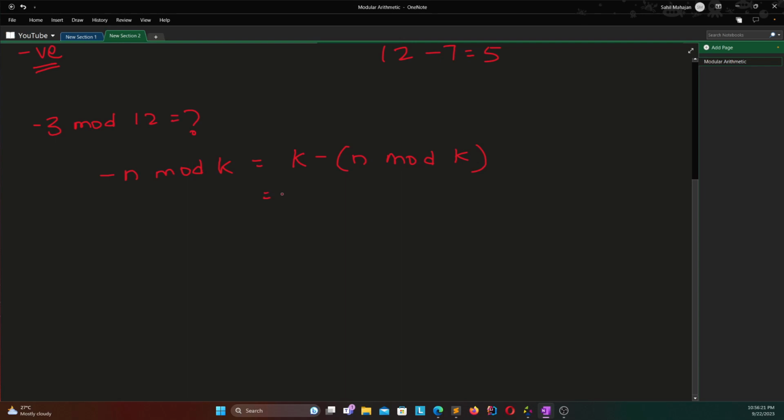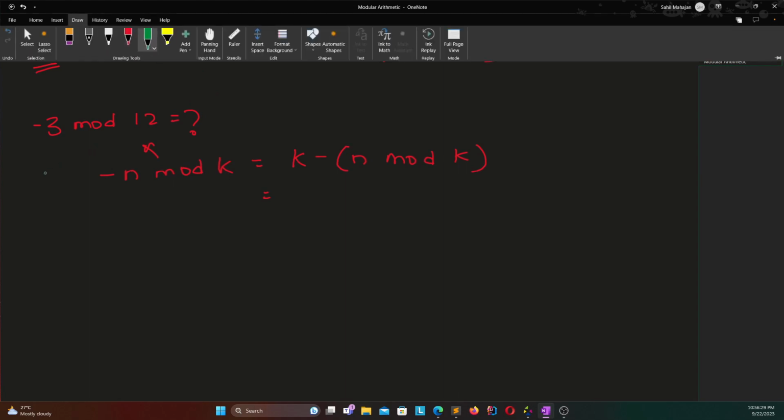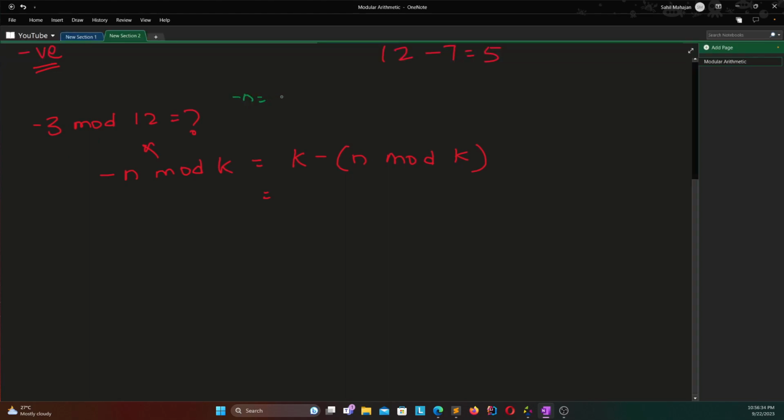Now, if we apply this to the equation above, minus n is minus 3, and k is 12. When we plug these values in, we get 12 minus 3.